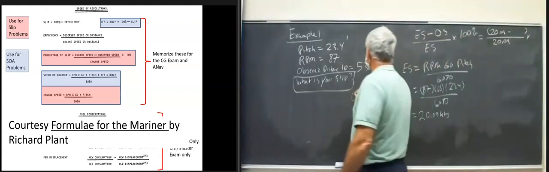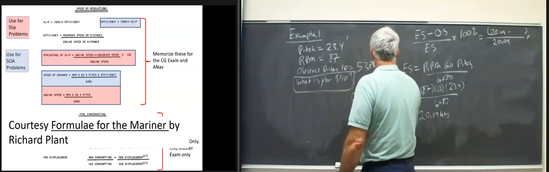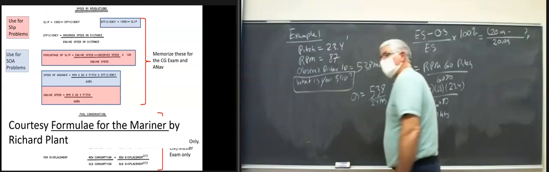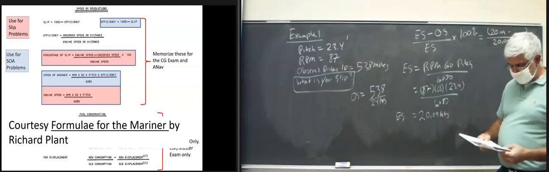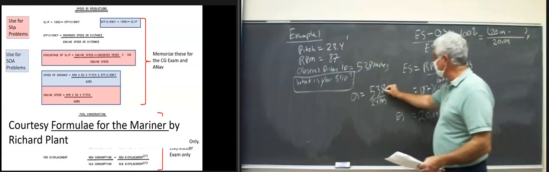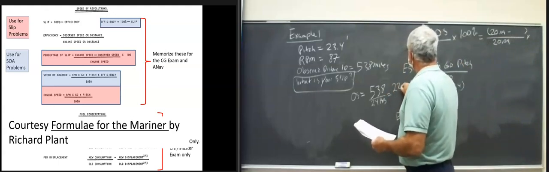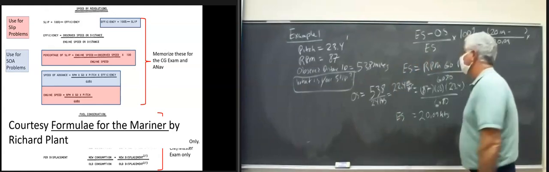My observed speed is 538 miles in 24 hours. So I divide 538 miles by 24 hours, and that gives me 22.4 miles per hour.